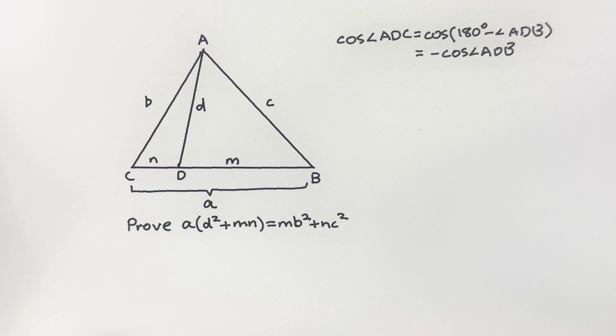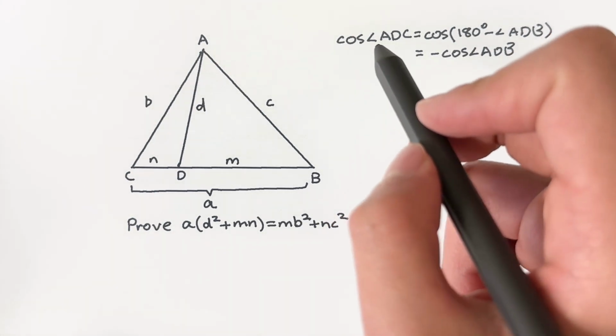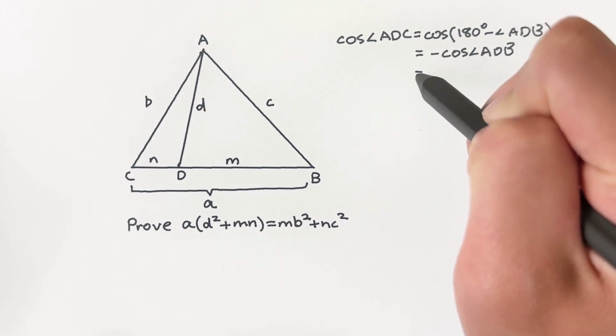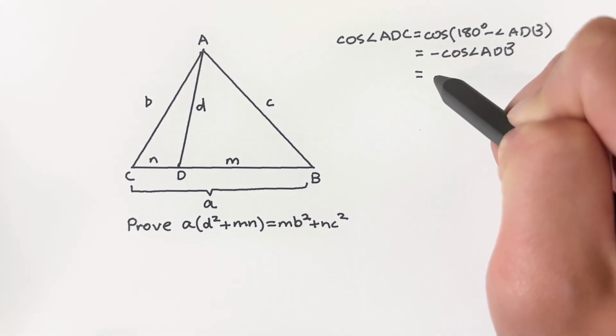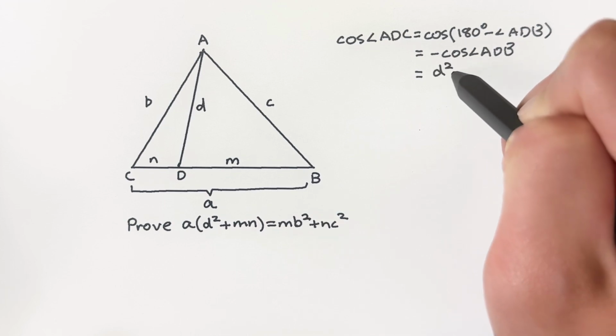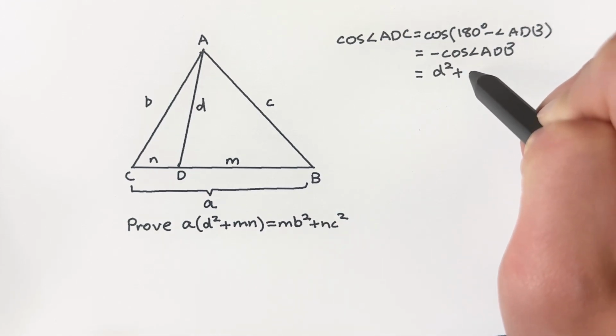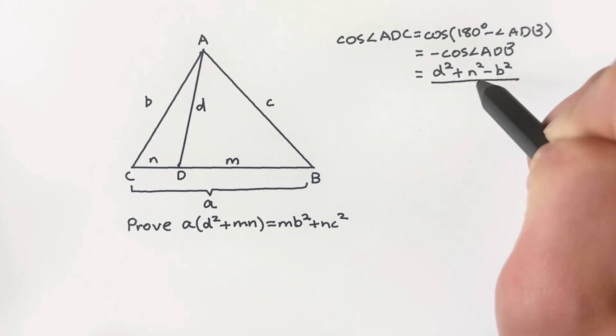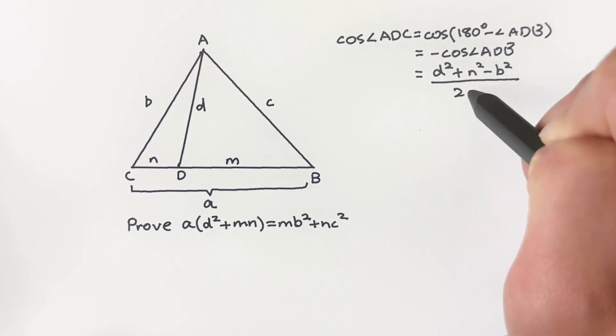Then, from the law of cosines, we have cosine of angle ADC. This will equal d squared plus n squared minus b squared divided by 2dn.